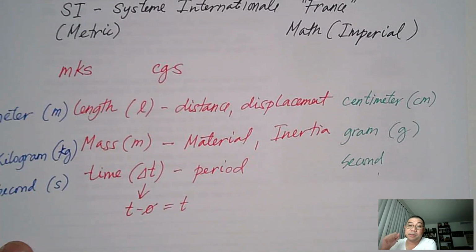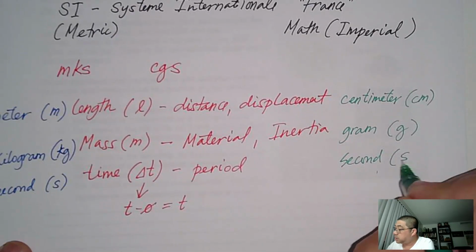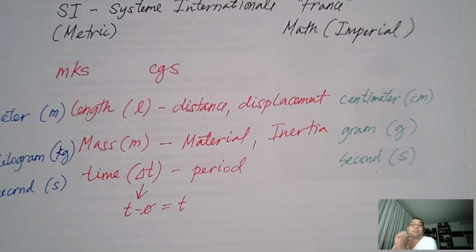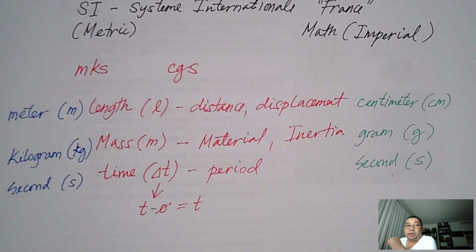That is not considered a new unit, but instead it's a smaller version of the base unit, which is s. So this is the explanation of what is MKS and CGS. In the future, when you go to college and you're majoring in science or engineering, you will notice that you will purchase books and they say MKS units or CGS units.